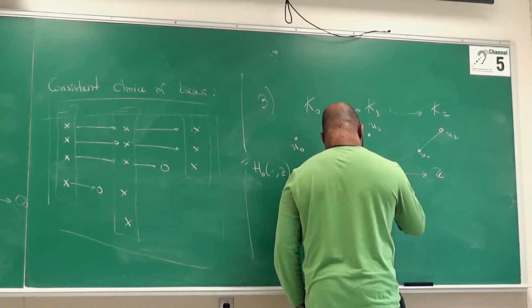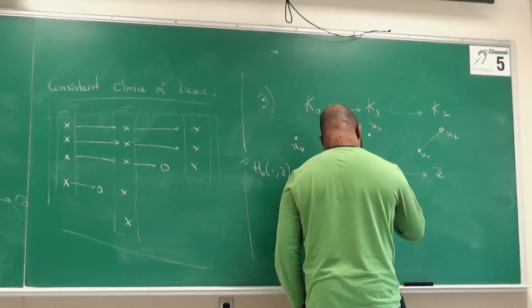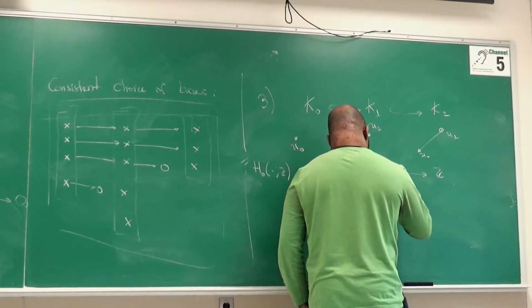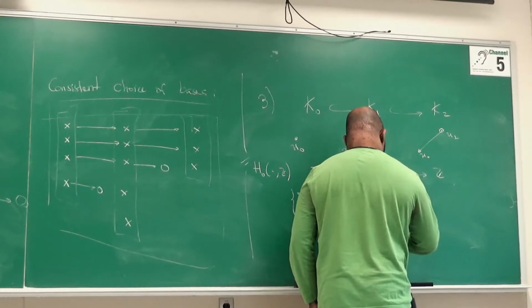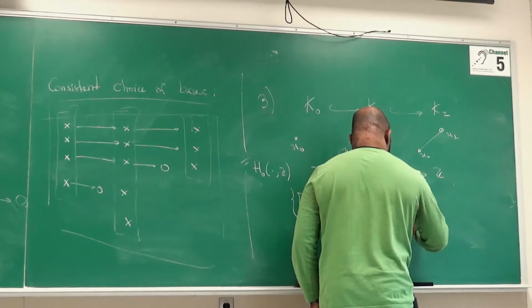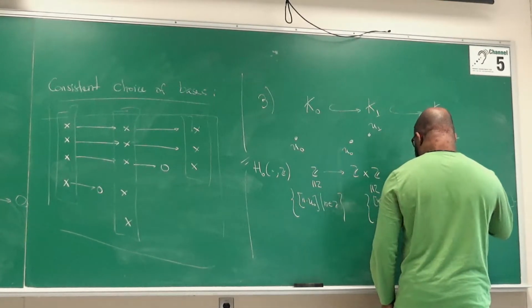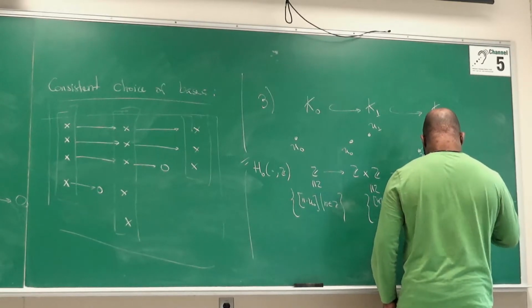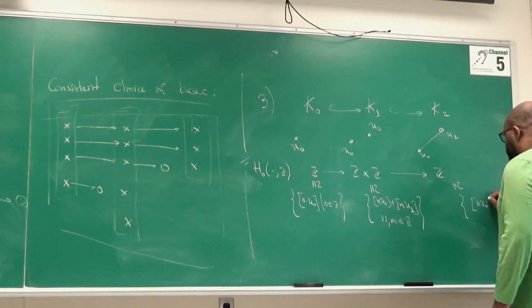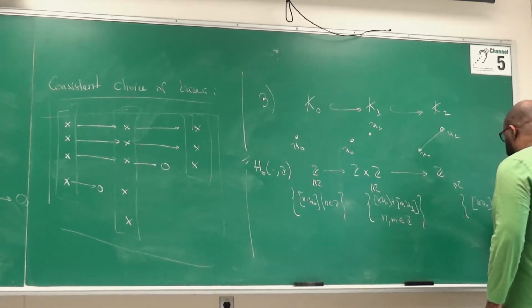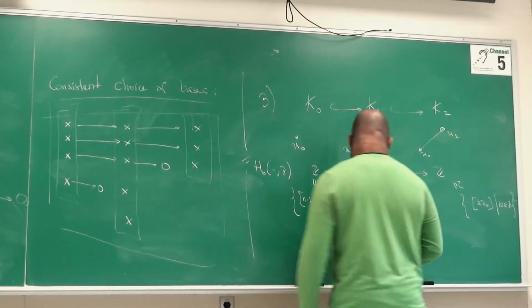In here, I'm saying, let's say N U0 plus M U1, and N and M are in Z. And in here, I can pick either one, say U0.